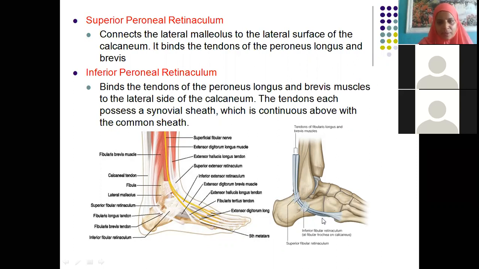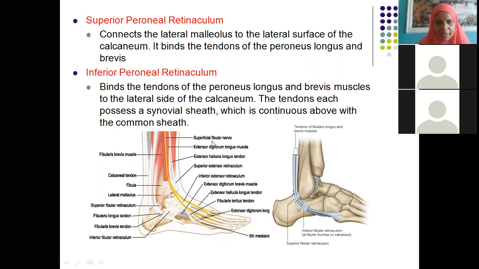Here the attachment is over the calcaneum bone only. So that is the peroneal retinacula, the superior and inferior. Here also the tendons are enclosed by the synovial sheath.